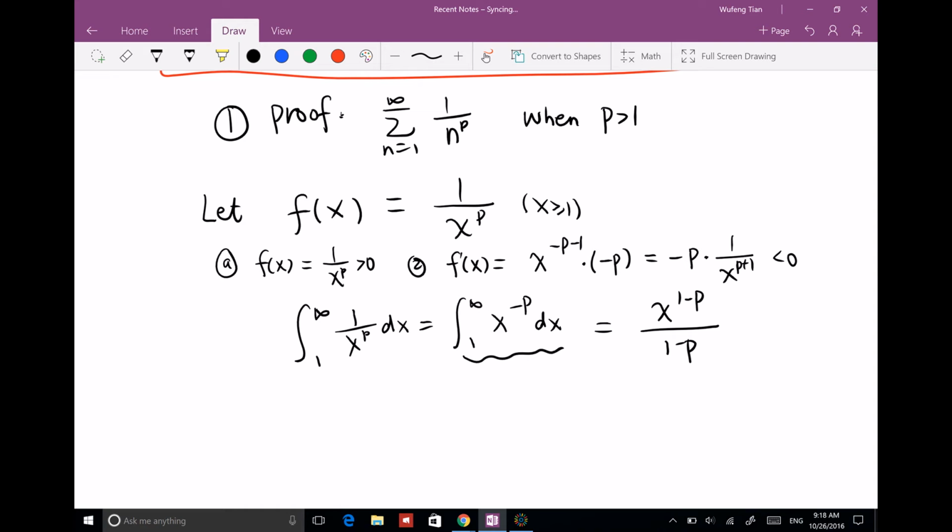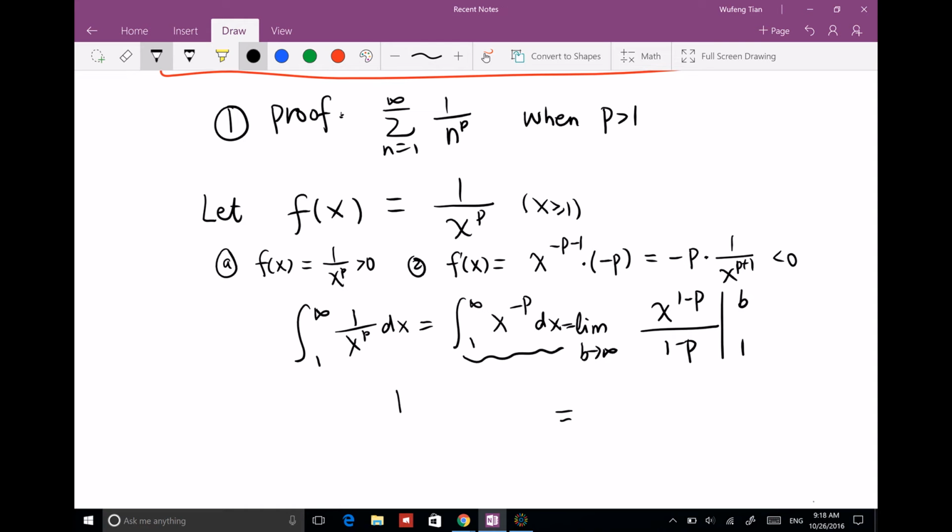Okay, for this one, we have an infinity here. You can check that as b goes to infinity, from 1 to b.